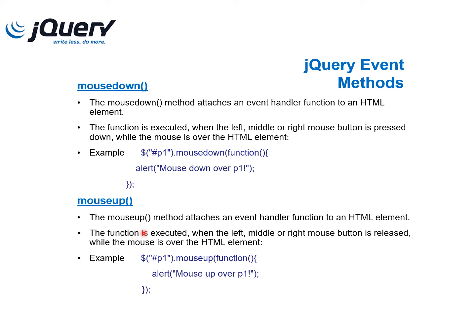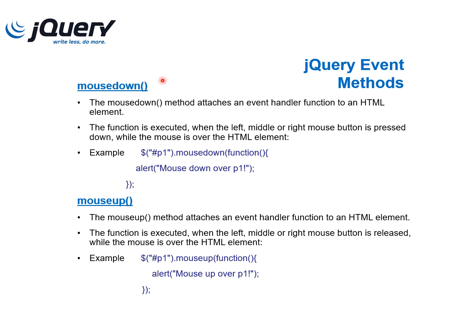The next jQuery event method is mousedown. The mousedown method attaches an event handler to an HTML element. The function is executed when the left, middle or right mouse button is pressed down while the mouse is over the HTML element.